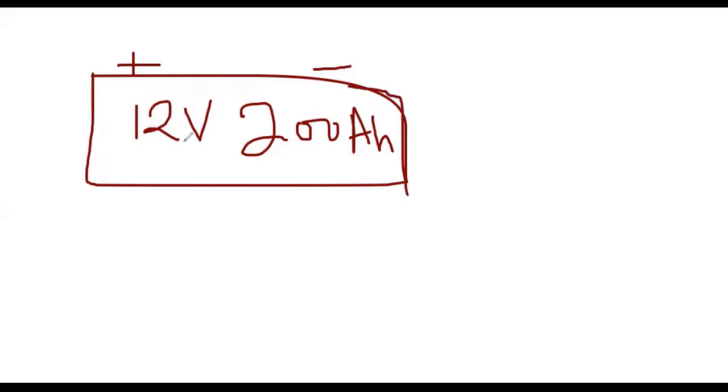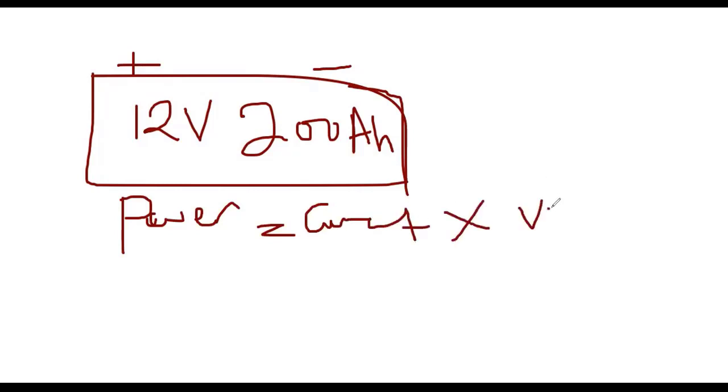Now, there's a relationship that power equals current multiplied by what? Voltage. That means P equals current times voltage. Now, tell me, what is the voltage here? 12. Thank you so much, Ogeshi.